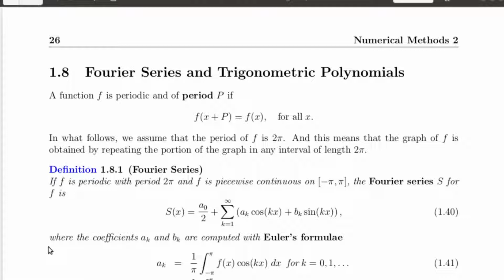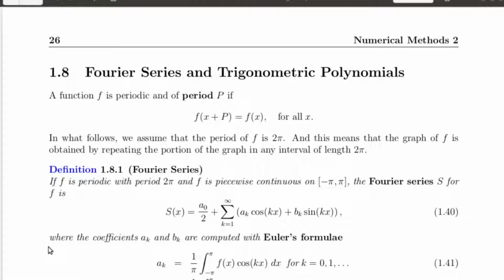In approximation theory, if you recall, the purpose is to approximate a function using various methods. But it turns out that there are functions that need to be approximated by sine and cosine, particularly when it comes to periodic functions.